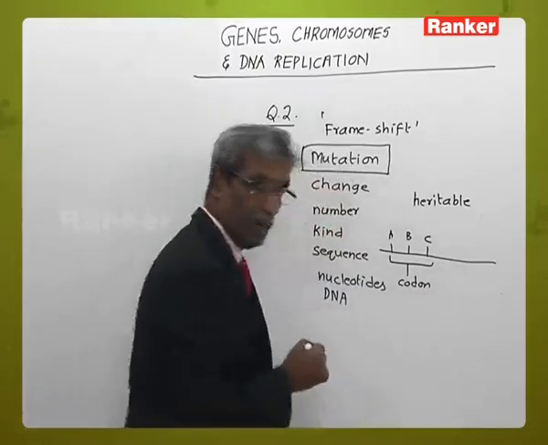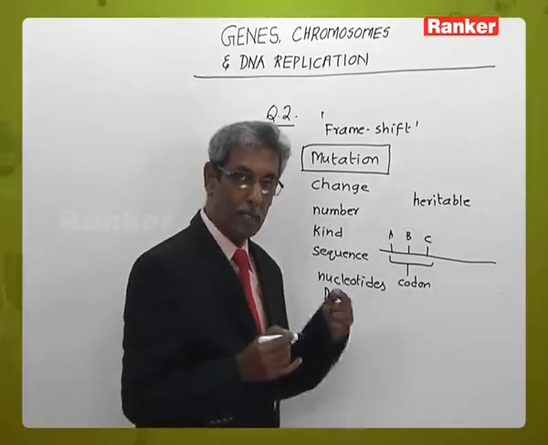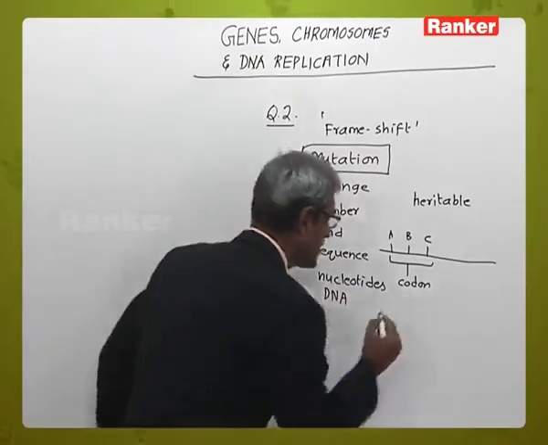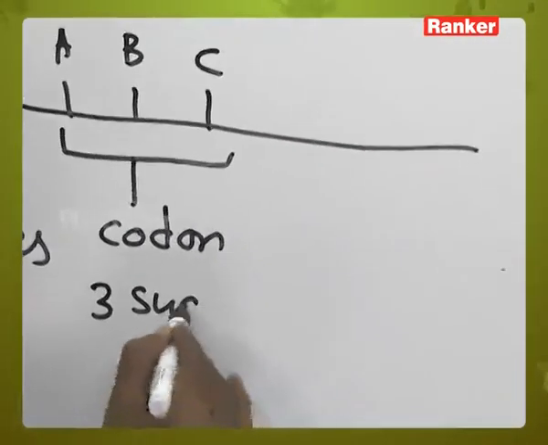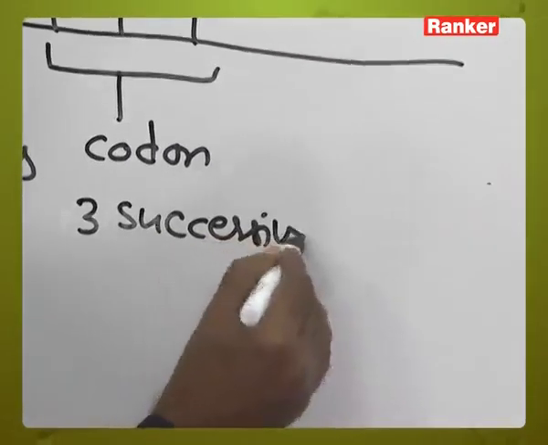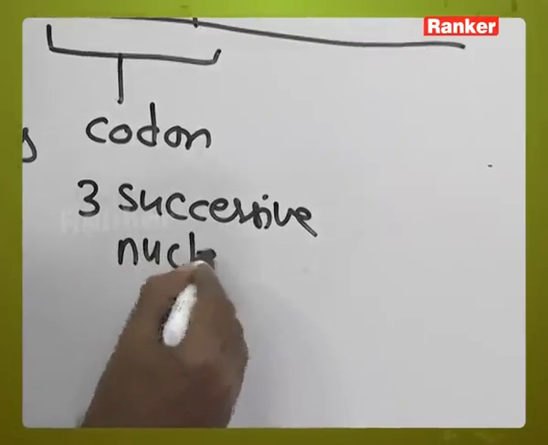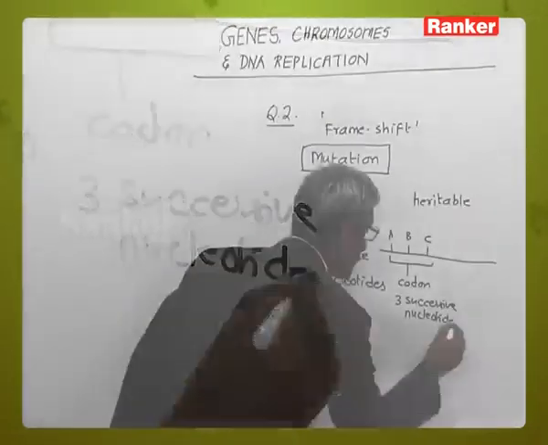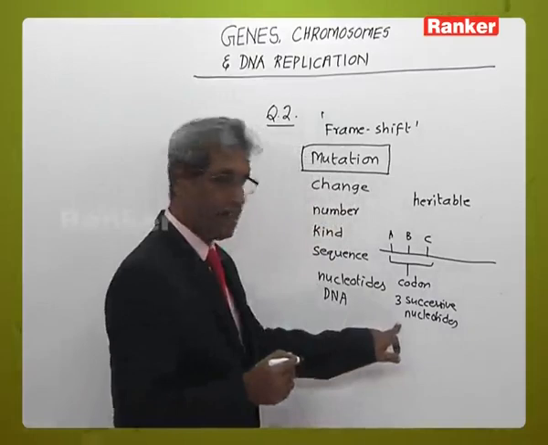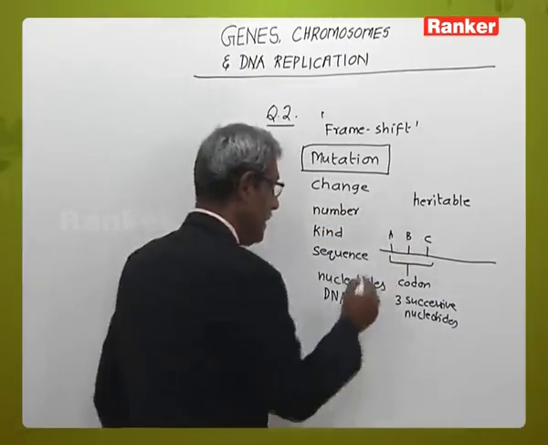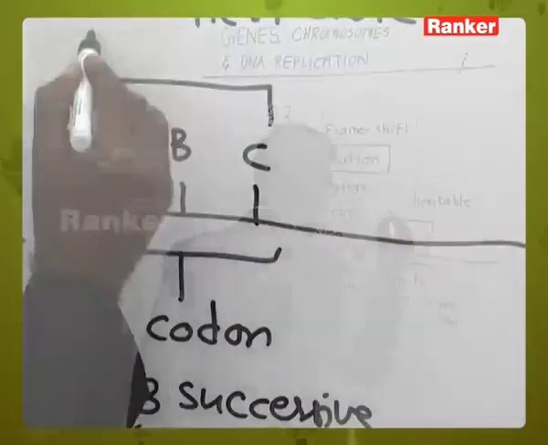A codon is a term which is used for a sequence of 3 successive nucleotides. A set of 3 successive nucleotides like ABC constitutes a reading frame.